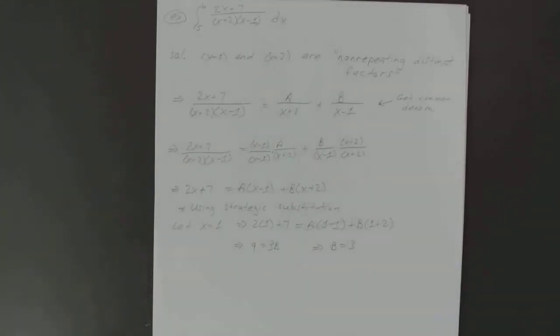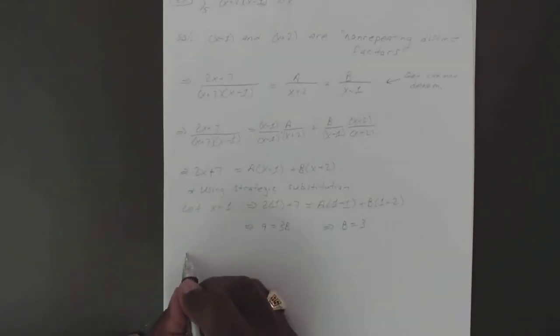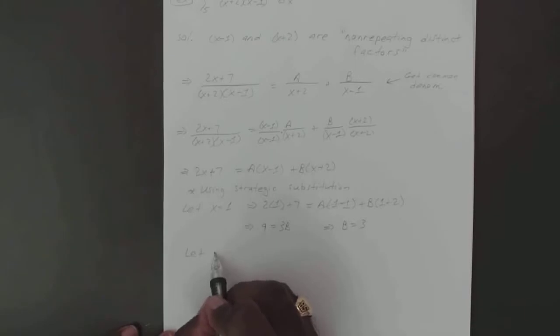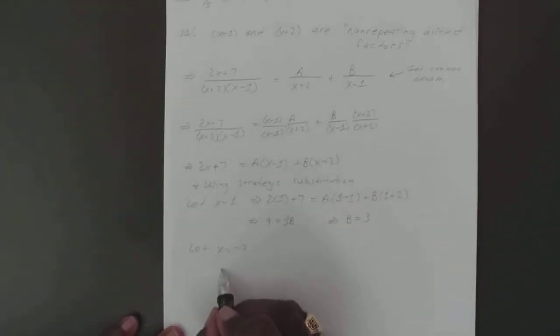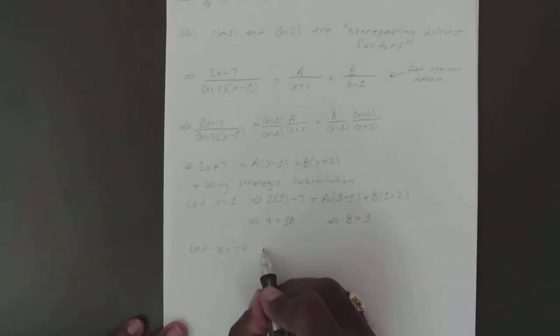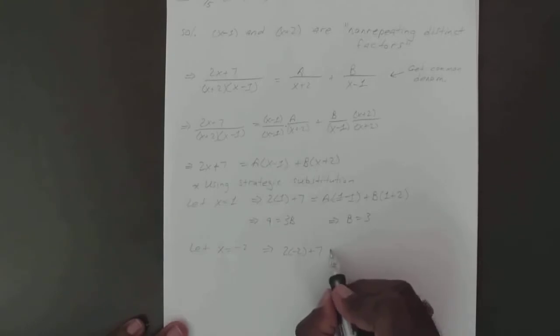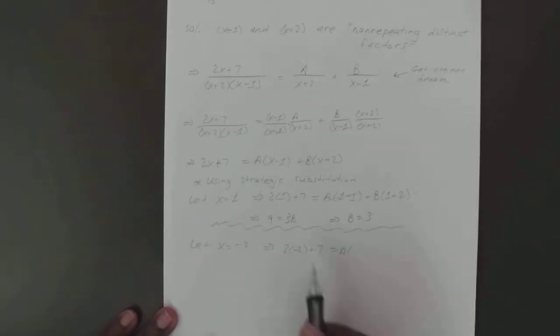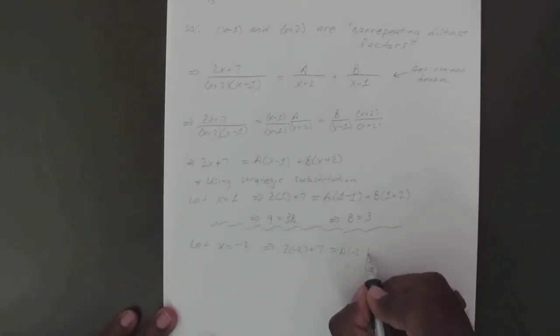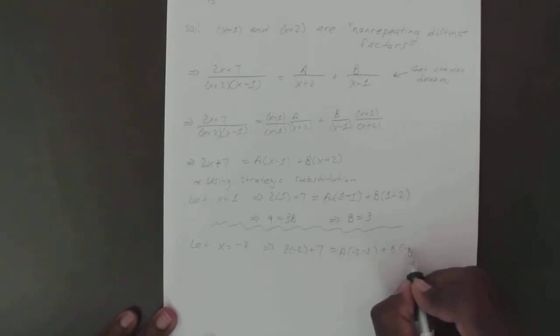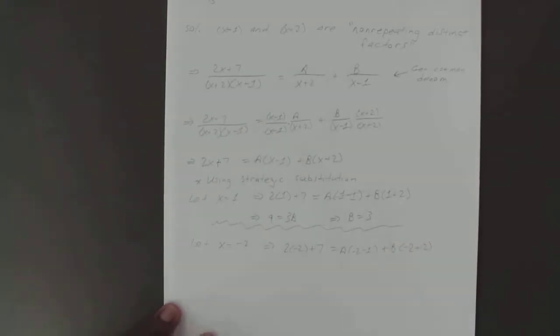Now we do the same thing to solve for A. If we let x equal negative 2, which should get rid of the B, that means 2 times negative 2 plus 7 equals A times negative 2 minus 1 plus B times negative 2 plus 2.